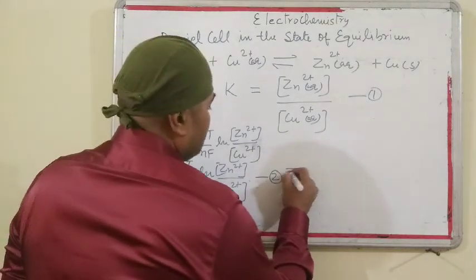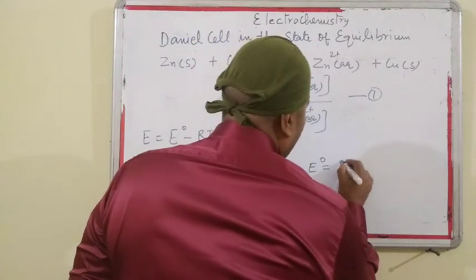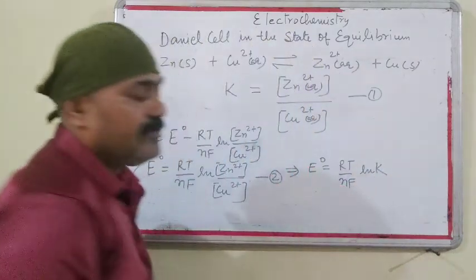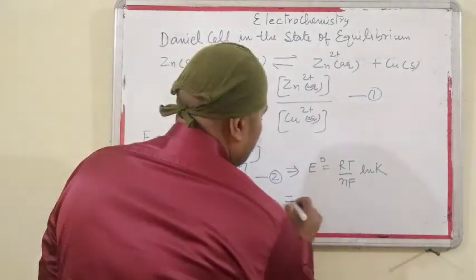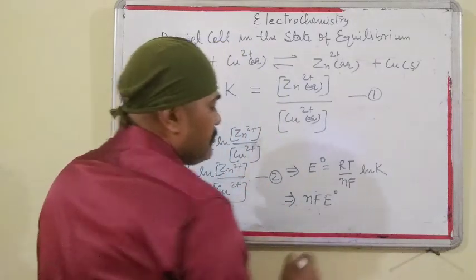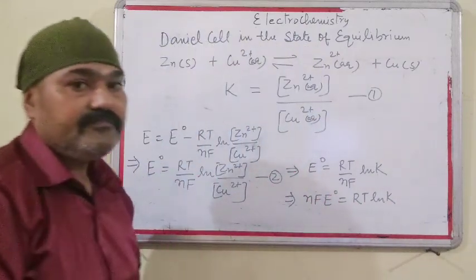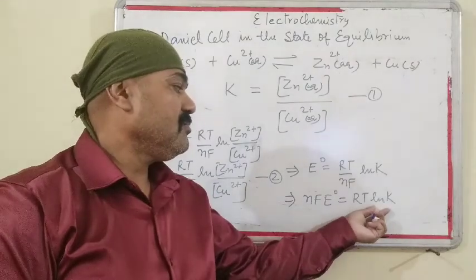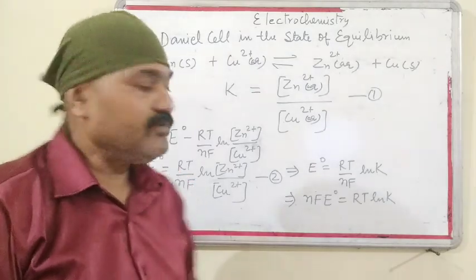So we get like this: E0 equals RT upon nF natural log ln K. Or we can write this: nFE0 equals RT ln K. On converting this natural log into log on the base of 10, we multiply it by 2.303.